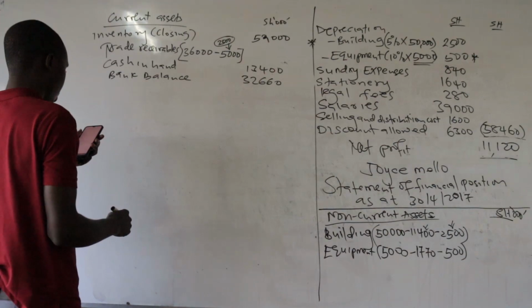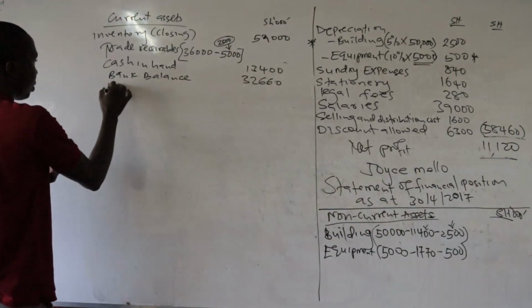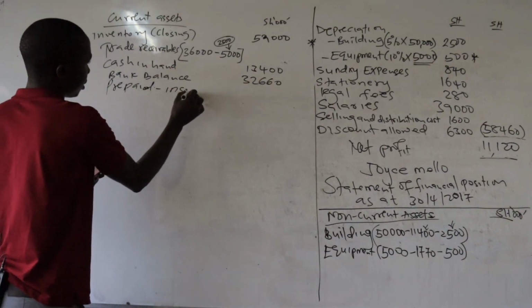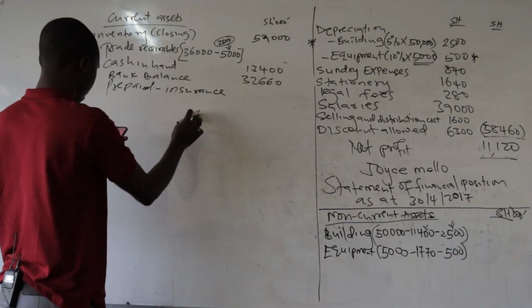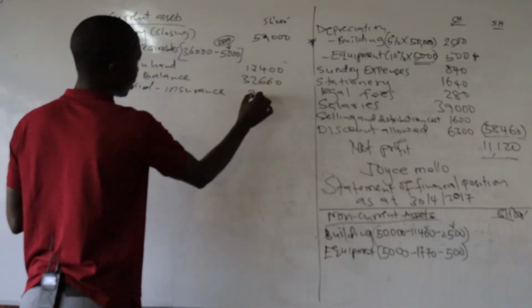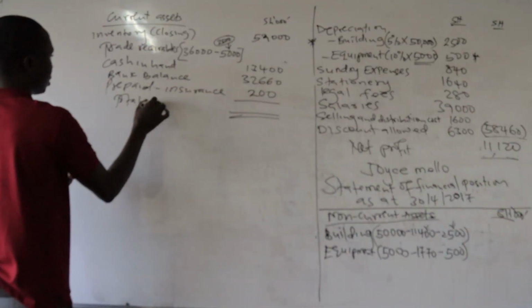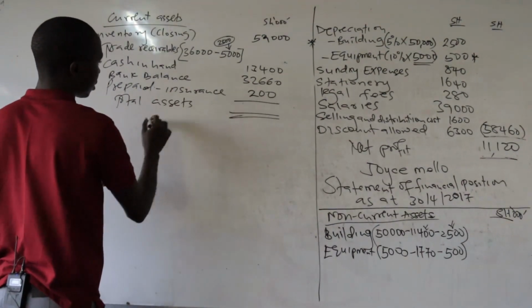So that is okay. So cash in hand and bank balance. Then we have a prepaid insurance. So that is according to note 6. So 200. So up to that point, we have the total assets.